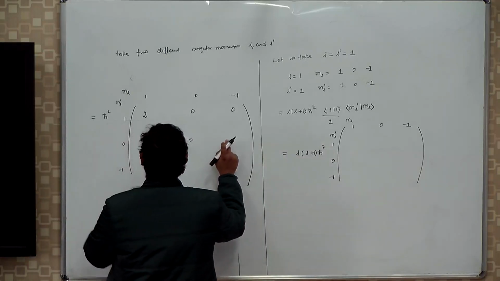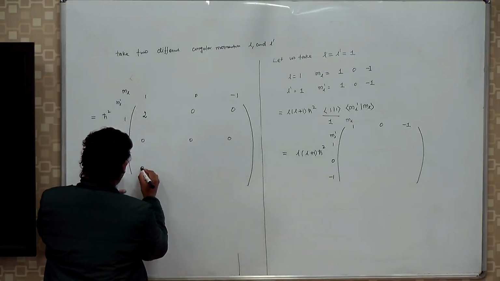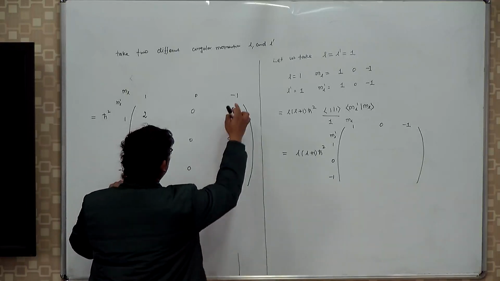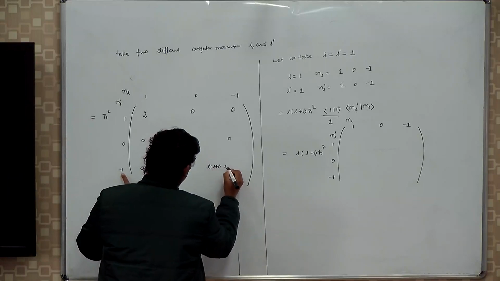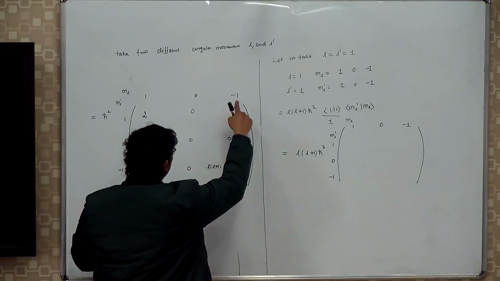Coming to this point, again this will be 0, this entry will be 0 and this entry will also be 0. Then the inner product between these two, the value of L is minus 1.